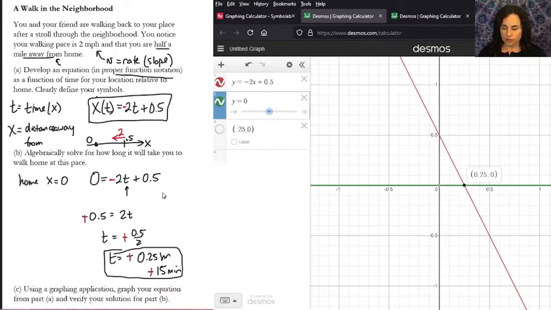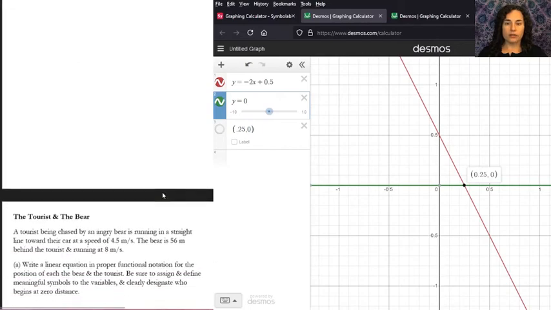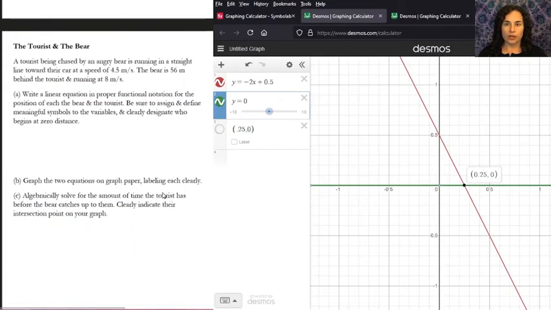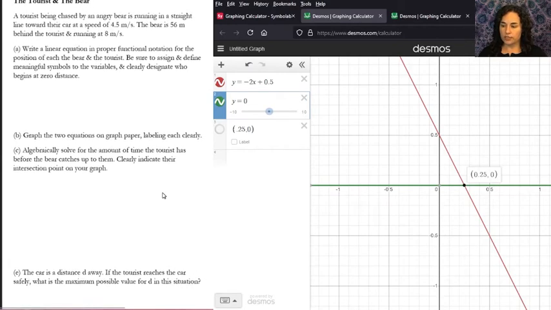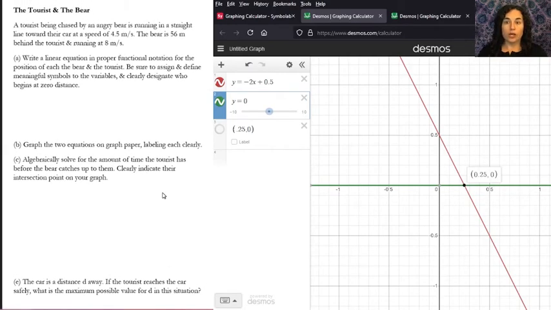I chose another example just to get another application going here. And what I have is two lines intersecting. You're going to see that here. Here we have the tourist and the bear. I'm very fond of this problem. I think it's an interesting one that exemplifies what intersecting lines do, as well as function notation, writing equations, and finding that intersection.